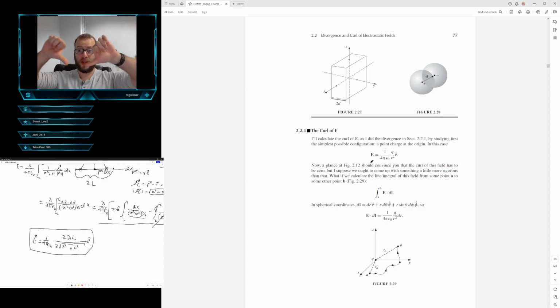Negative charge, everything is going in. So what if we had a line integral from some point A to some point B, what would E dot dl be along this curve?